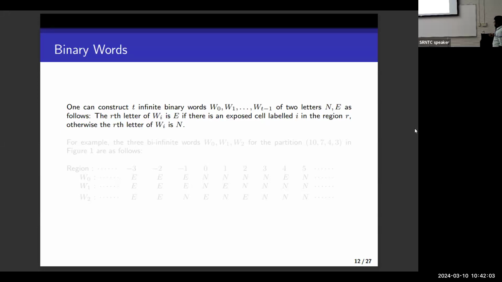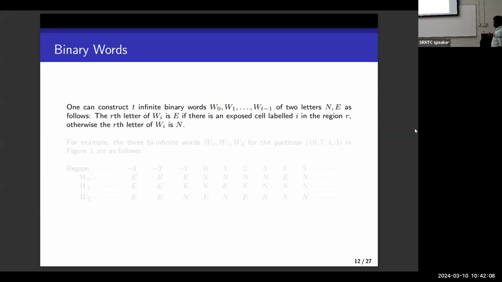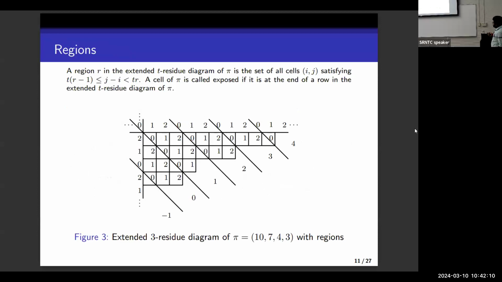So let's look at the example that we were looking at. If we go to region 0, the cell labeled 2 is lying at the end of the row, whereas the cells labeled 0 and 1 are not lying at the end of the row. So 2 is exposed in region 0, however 0 and 1 are not exposed. Similarly, here in region 1, 1 is exposed.